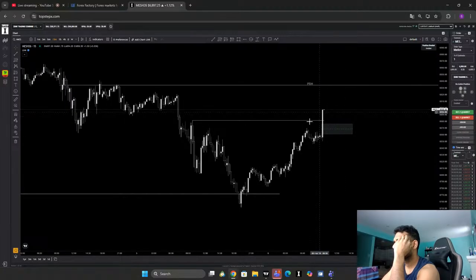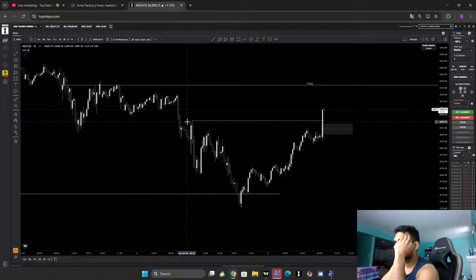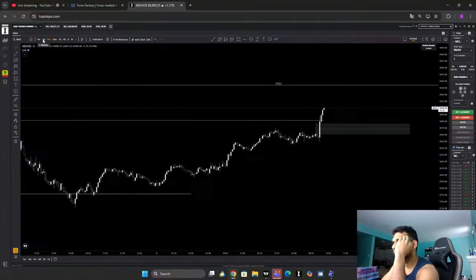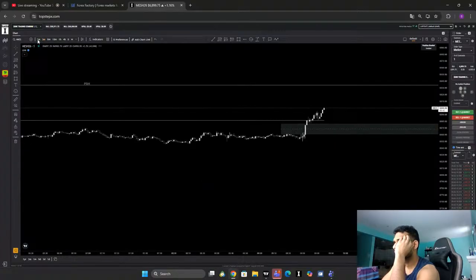So the 15 minutes candle closed. The next candle opens, and it's closed, break and close above, a strong close inside this range. There is no sweep, nothing. Let me see what's going to happen in the next candle. 3 minutes. Wait, 1 minute.